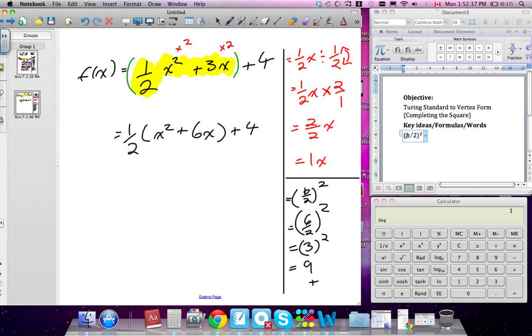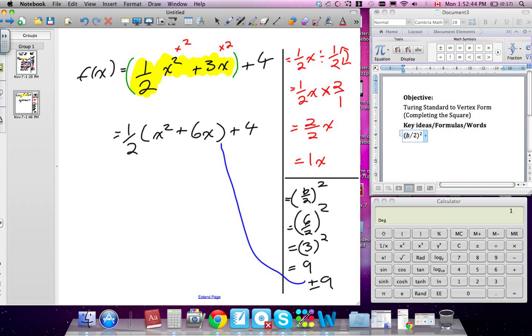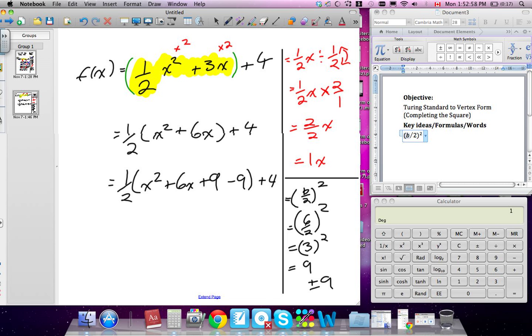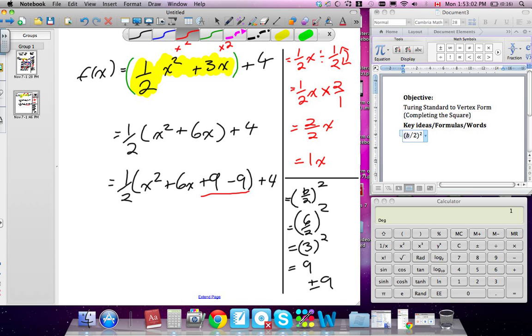So I need to add and subtract the number 9 to those brackets. So we have a half x squared plus 6x plus 9 minus 9 plus 4. So I added and subtracted 9 inside the brackets. Now remember, this 9 has to go outside the brackets.